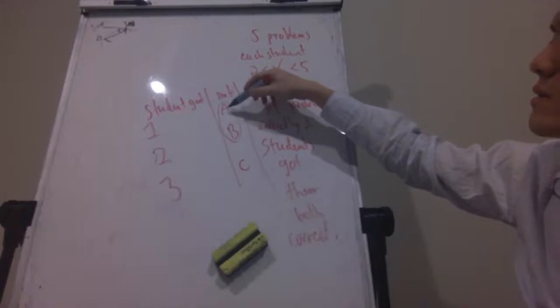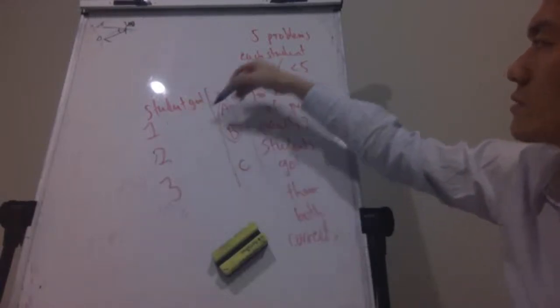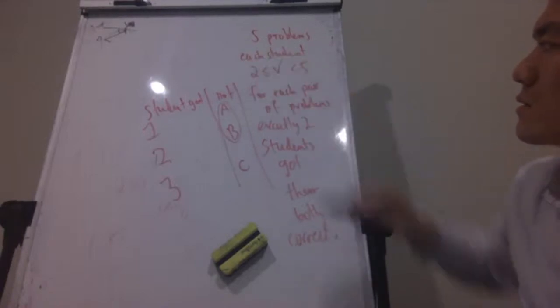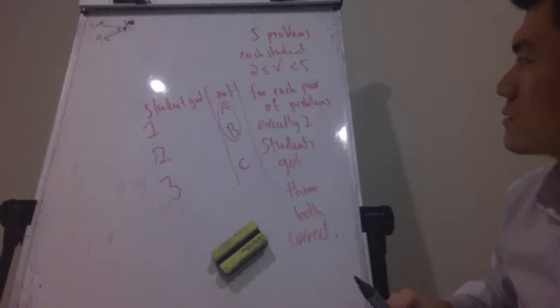If neither 1 nor 2 got them, oh, that's already a problem. So it has to be more than that. So you have another student. So you need at least 4 students for this case.